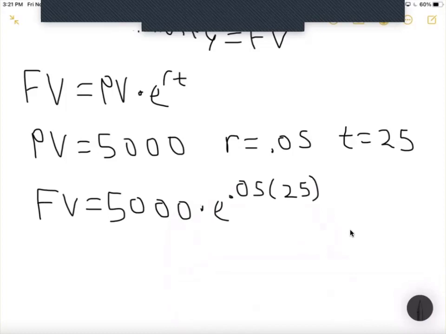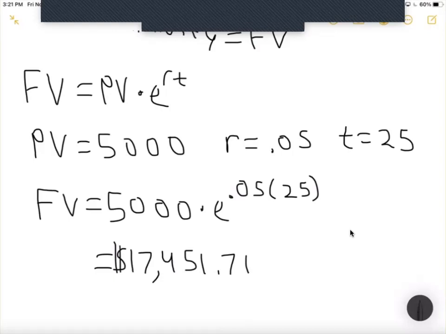We do 5,000 e to the 0.05 times 25. And as long as we type this into our calculator correctly, we get that a $5,000 investment after 25 years at 5% interest is equivalent to $17,451.71. So just an example as a quick refresher of what we've done in the past.